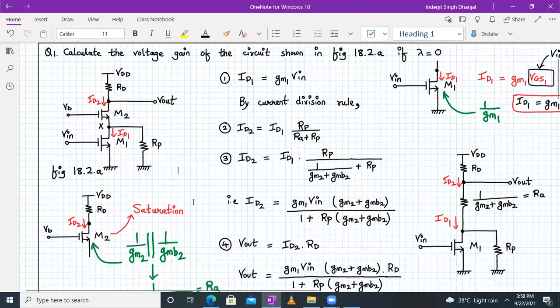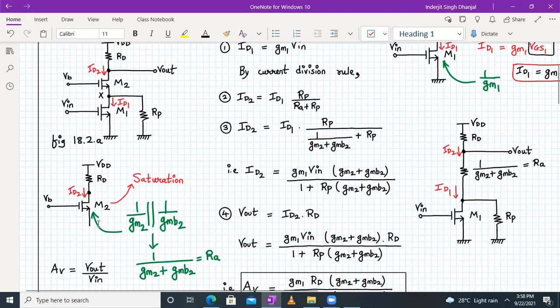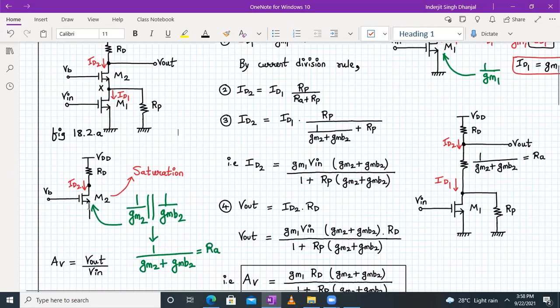Now let's look at the M2 transistor. We have derived this many times that if you look into the source terminal, the M2 transistor is suffering from body effect, right? And the M2 transistor is working in the saturation region, and that is guaranteed by the biasing voltage VB, correct? So what will be the resistance looking into the source terminal? It will be 1 upon GM2 parallel to 1 upon GMB2, right?